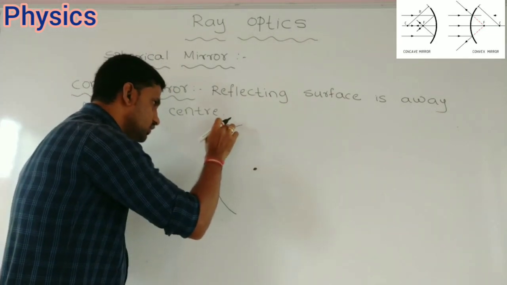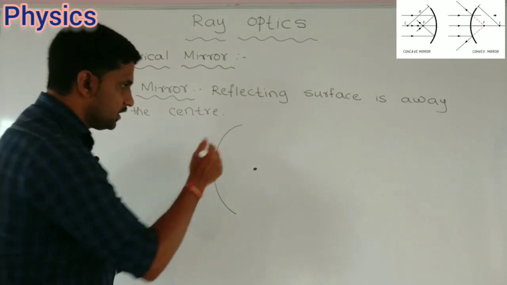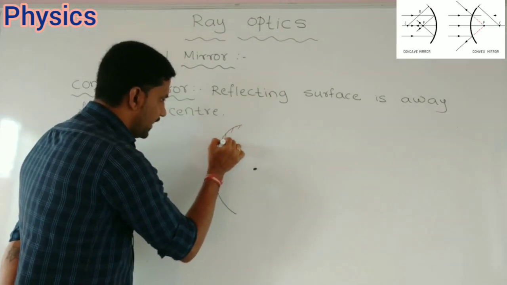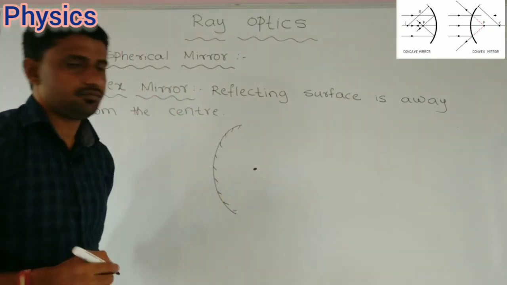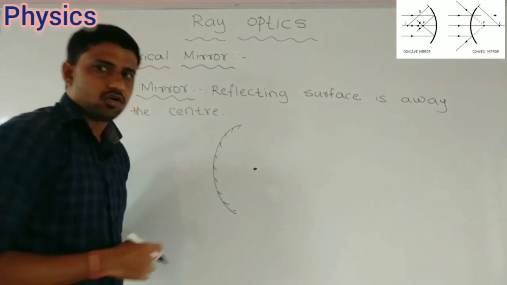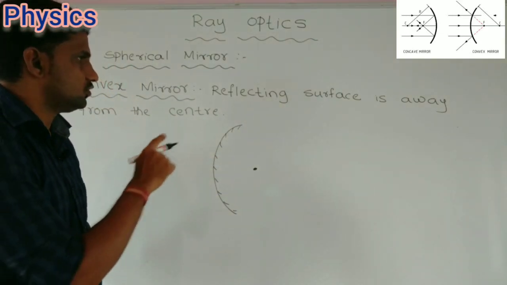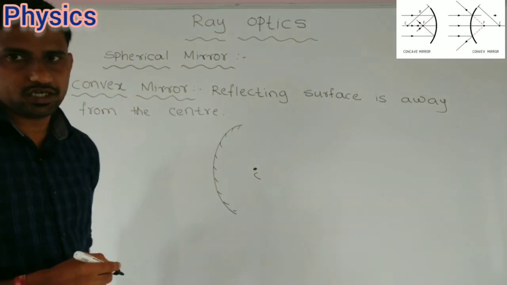That means the outer surface is the reflecting surface and the inner surface is opaque, painted, or non-reflecting. So this is the way of representing the convex mirror. The reflecting surface is away from the center of curvature.